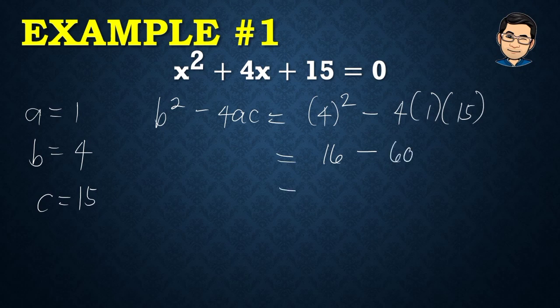Now, 16 minus 60, as you can see, yung ating minuend, mas konti siya dun sa ating subtrahend. So, yung magiging sagot natin dito, negative 44. So, as you can see, yung ating naging difference is negative 44. Again, yung ating equation ay no real roots.